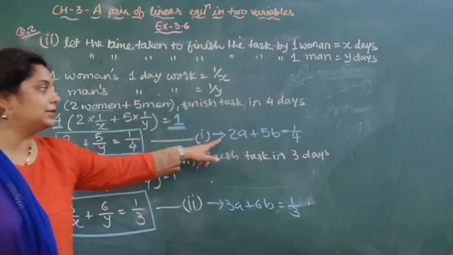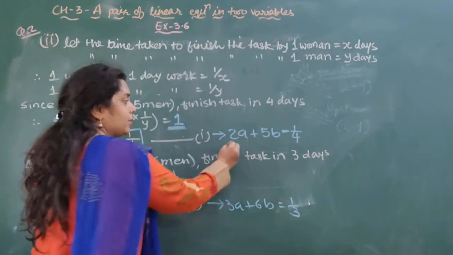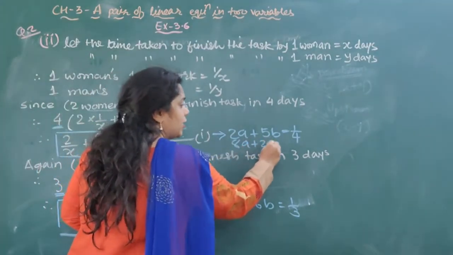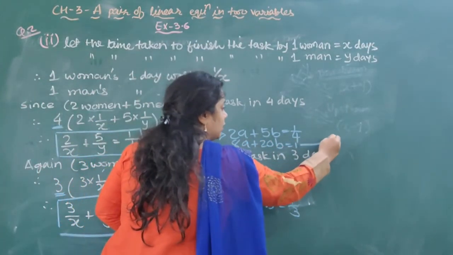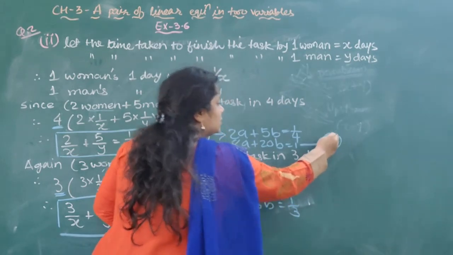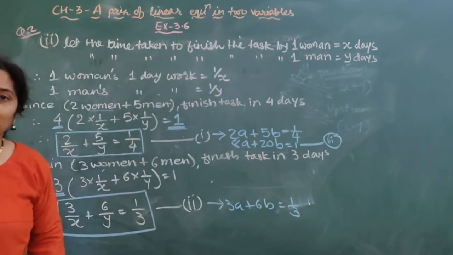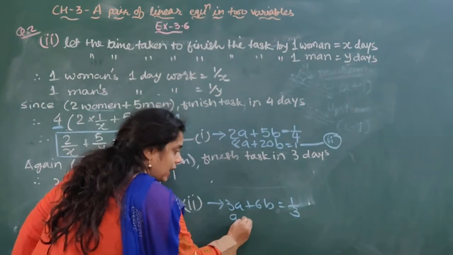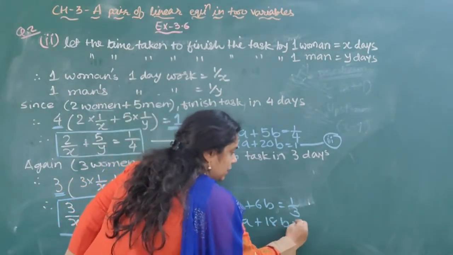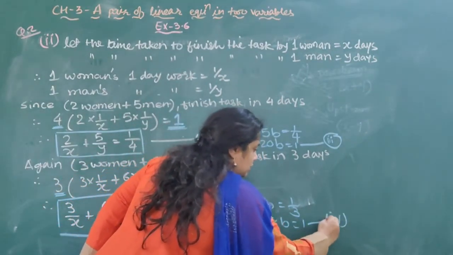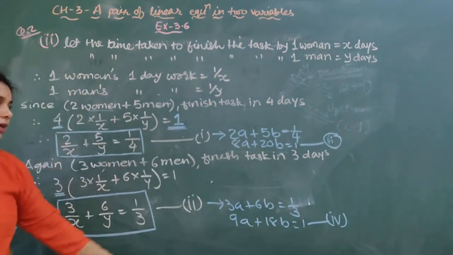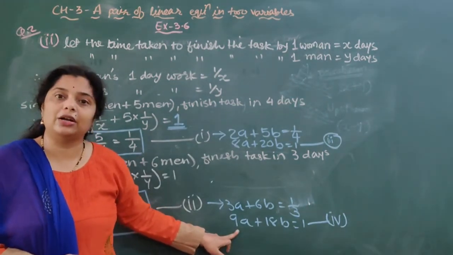Now after taking the LCM, what will the equations be? 8a plus 20b is equal to 1. Now this is your standard linear equation, and here 9a plus 18b is equal to 1. So this is the second linear equation in standard form.